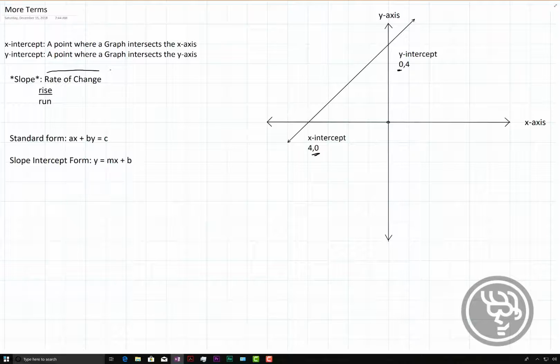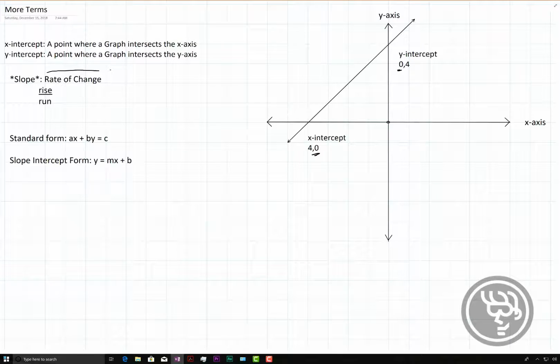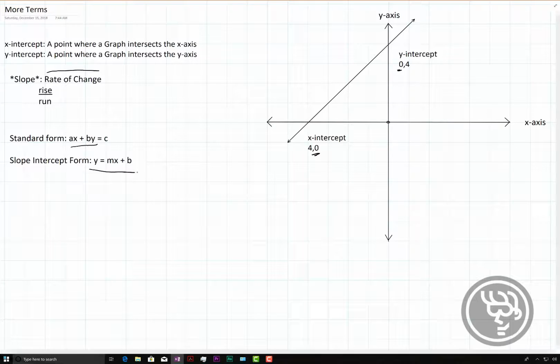If it's not all clear right now, we're going to go into detail as to what that means in a second with some examples. Every time you see some type of equation that you have to graph, it's going to be in one of two forms: standard form or slope-intercept form. So those are the two ways you'll usually see equations.